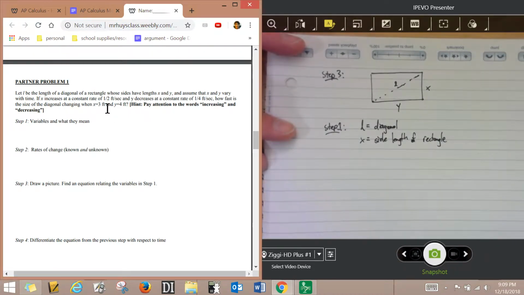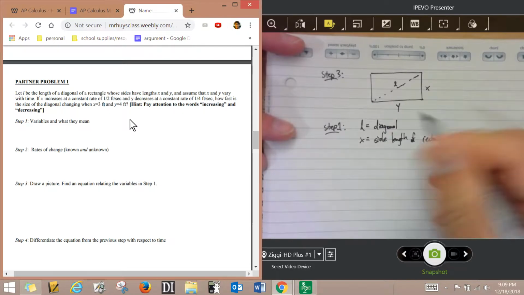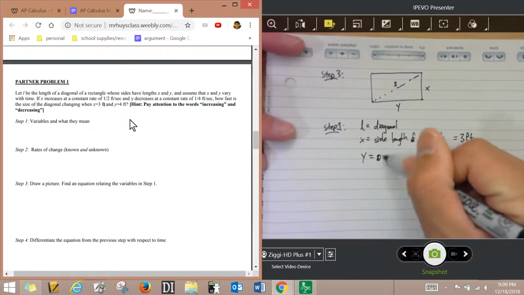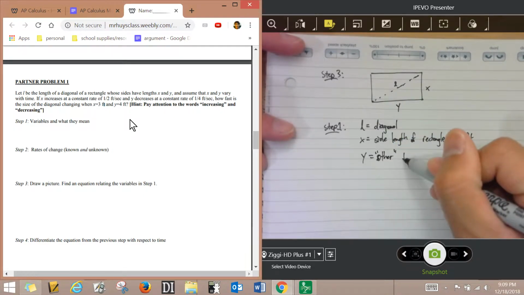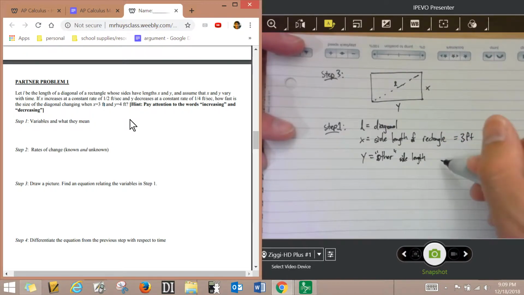So I want it to be where when I'm talking about x is equal to 3 feet, so we'll put that. We're also looking at y is equal to the other side length of the rectangle. We're looking at the instant where that's equal to 4 feet.